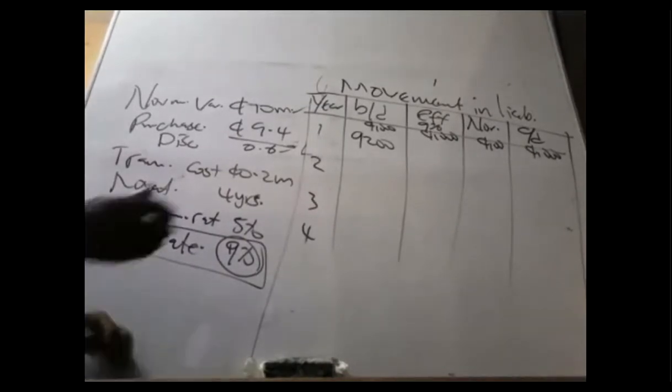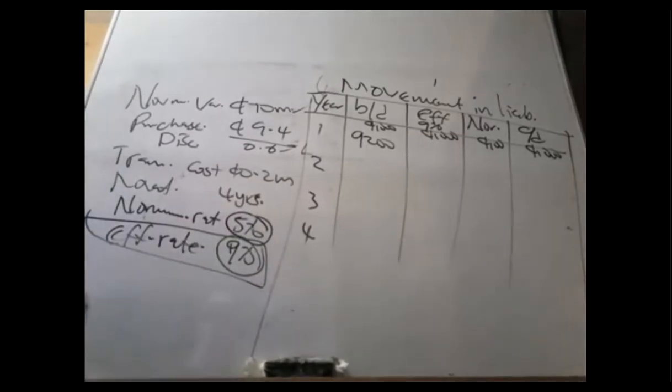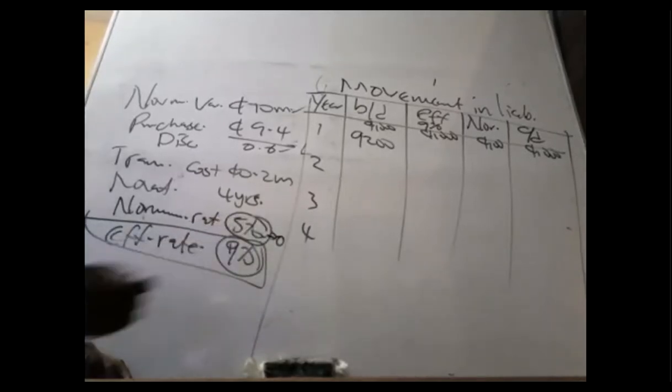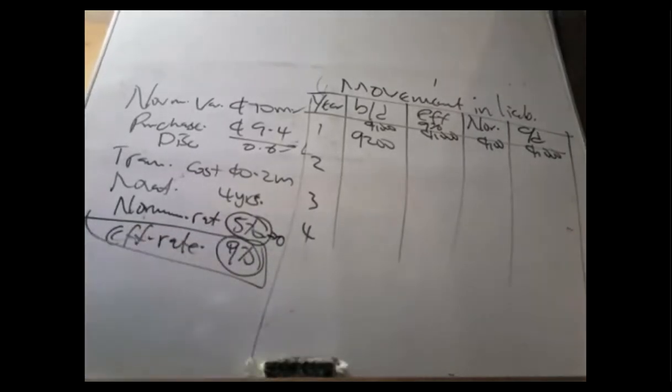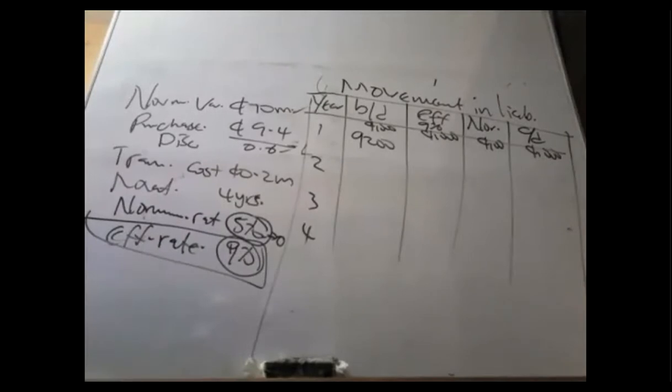The nominal rate is the face value or the quoted rate. That rate can be 0. Yes, nominal rate can be 0. Hardly can the effective rate be 0, but the nominal rate can be 0. That is the interest-free loan. For a government interest-free loan, the nominal rate is 0. Good. So that is that.